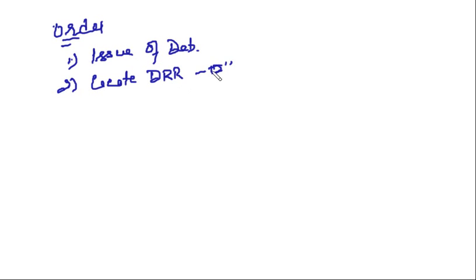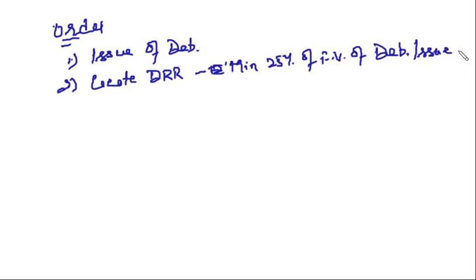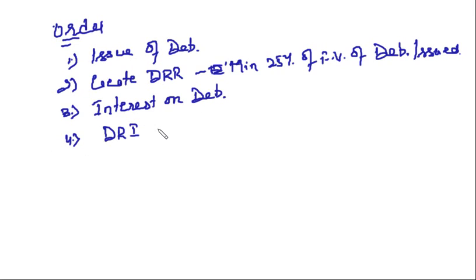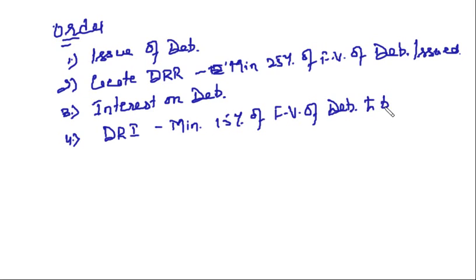This is going to be minimum 25% of face value of debentures issued. Then third, treatment of interest on debentures. Then in the year the debentures are redeemable, you have to invest in the specified securities, that is known as debenture redemption investment. That has to be minimum 15% of face value of debentures to be redeemed.